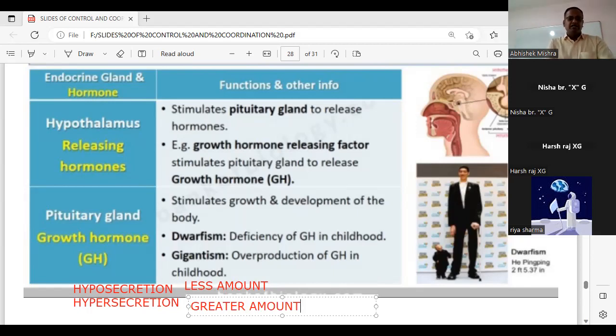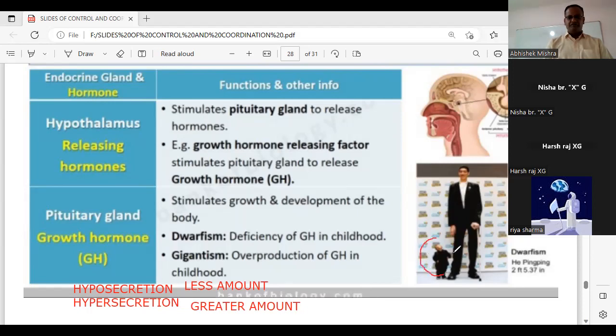Now, students, guess. Suppose the growth hormone is secreted in less quantity, what will happen? The bone formation or bone growth will be hampered, and the person will be a dwarf. You can see in this image that the height of the person is very short. This is called dwarfism.